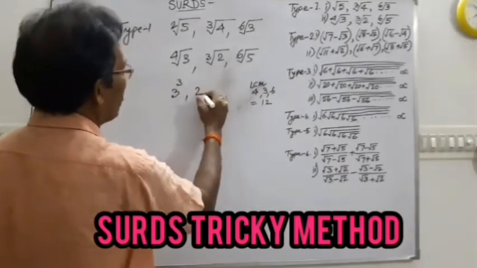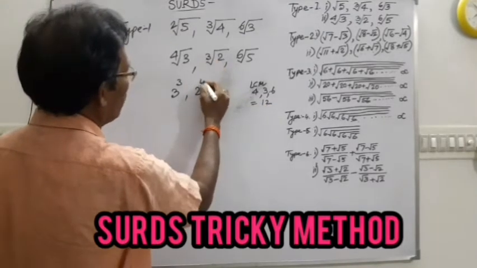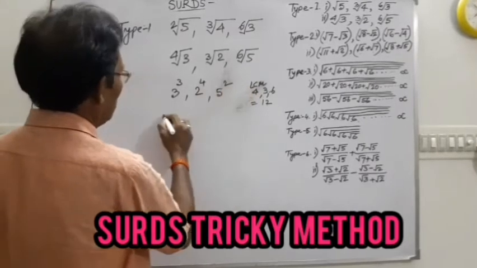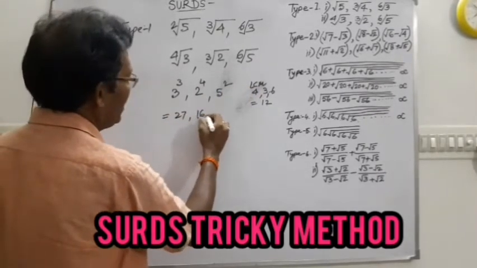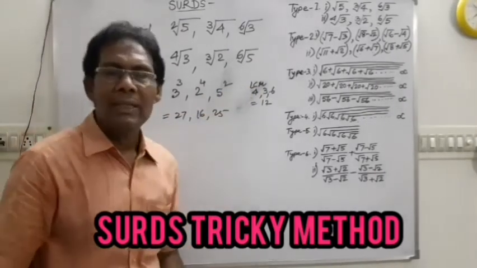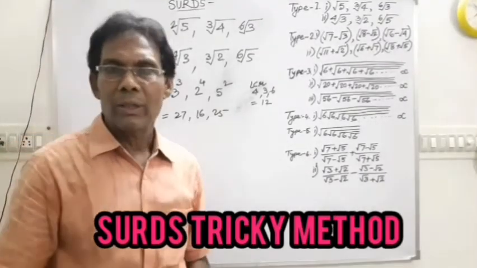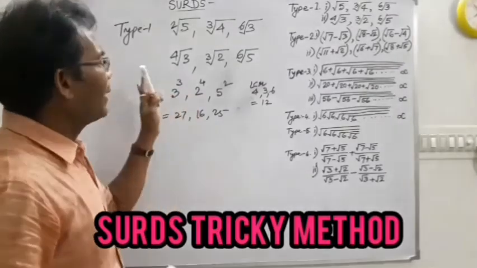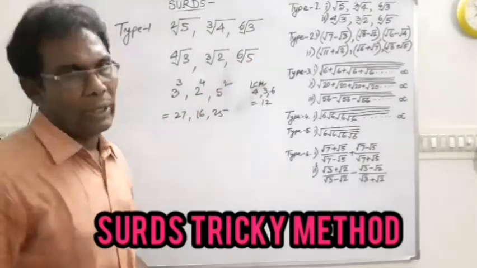The power of 2 will be 12 divided by 3, that is 4. The power of 5 will be 12 divided by 6, that is 2. So 27, 16 and 25. So you can easily calculate the ascending order and descending order within 3 seconds, 5 seconds, within 4 seconds.